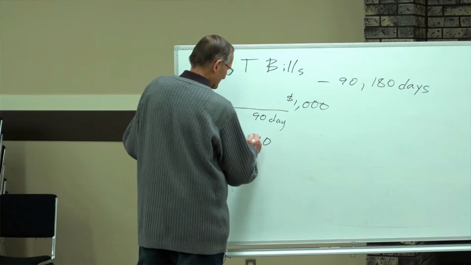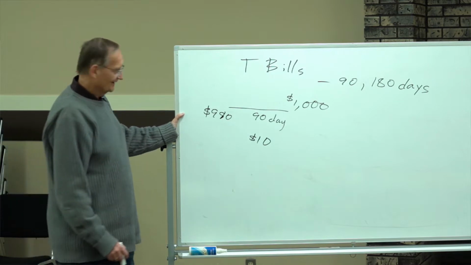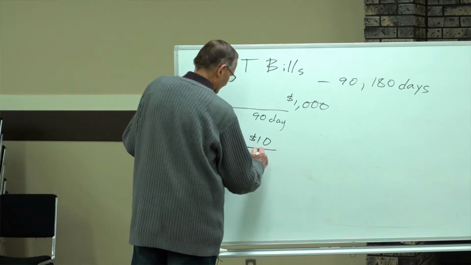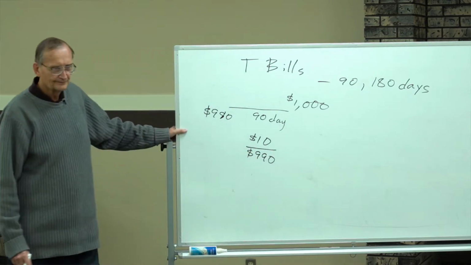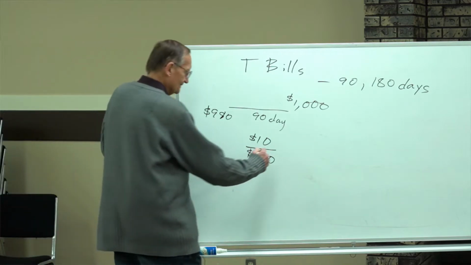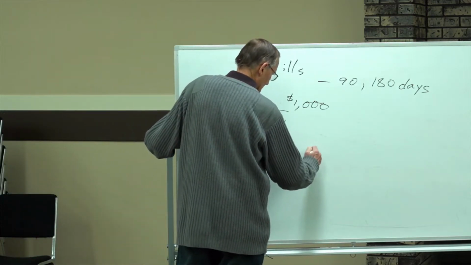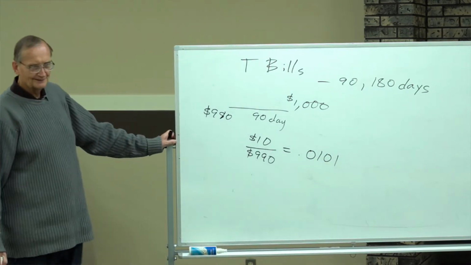Can you see you made $10? Is that okay? And you made $10 on an investment of $990. We okay on that? I think that works out. You guys can work that out. I think that's the rate of return that you make.